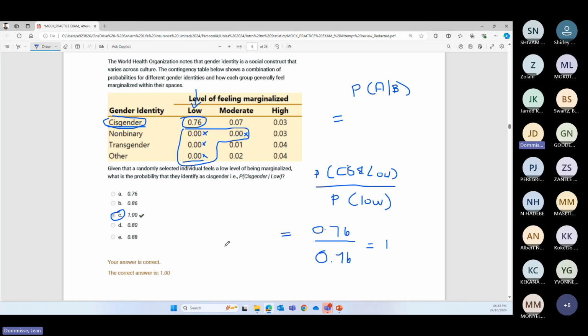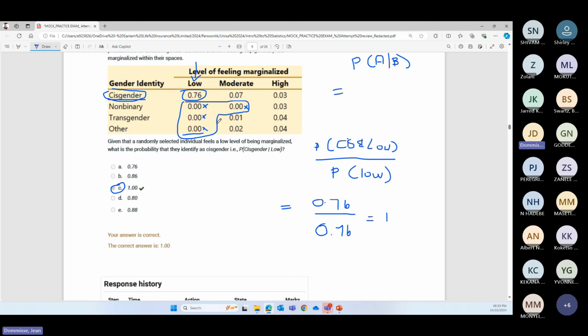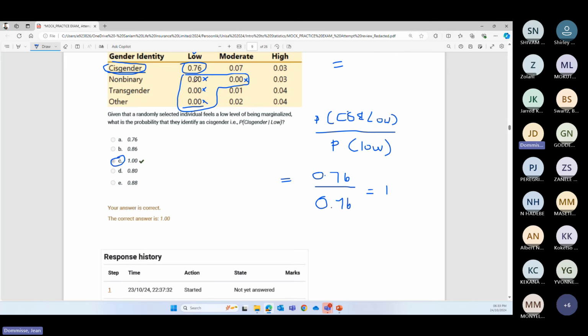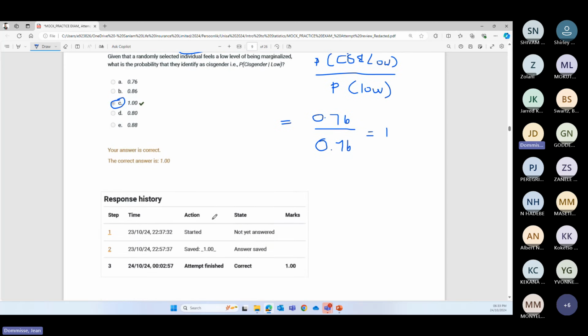Okay, so if you get something like this again, and they talk about mutual exclusivity, they can bring it in a question like this because all those ands are zero. So they could have said non-binary and low is mutually exclusive. So if they ask something a bit different towards the other side of mutual exclusivity out of a table like this, just be cognizant of that. If there's a zero in a table, it means it is mutually exclusive.